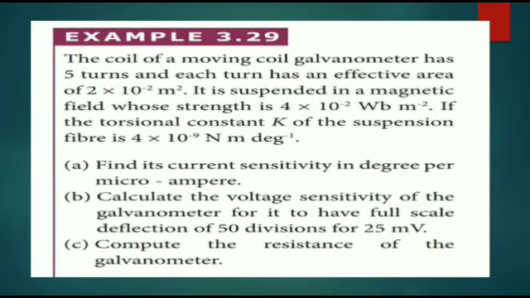It is suspended in a magnetic field whose strength is 4 into 10 power minus 2 Weber per meter square, so B is 4 into 10 power minus 2. The torsional constant K of the suspension wire is 4 into 10 power minus 9.